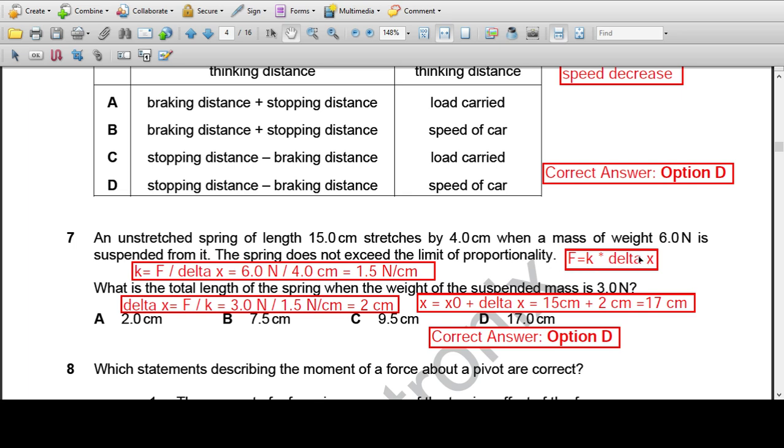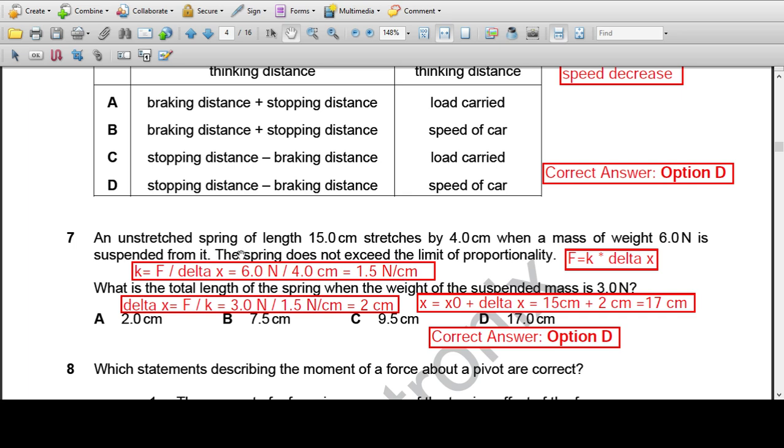The change in stretch length is delta x, and K is the spring constant. So we can find K is equal to F divided by delta x. So 6 Newton force is applied and it stretches 4 centimeters. So K is obtained as 1.5 newtons per centimeter.